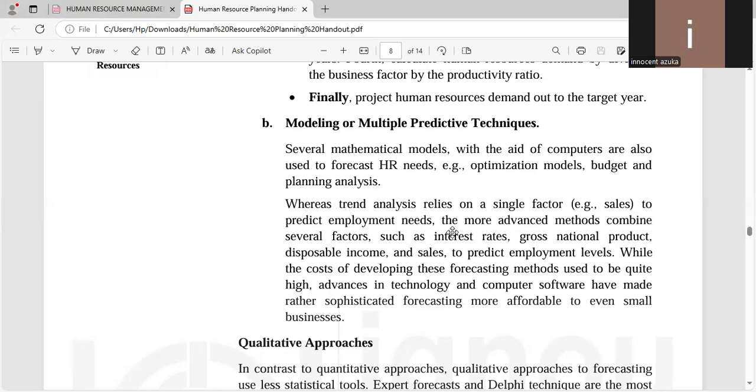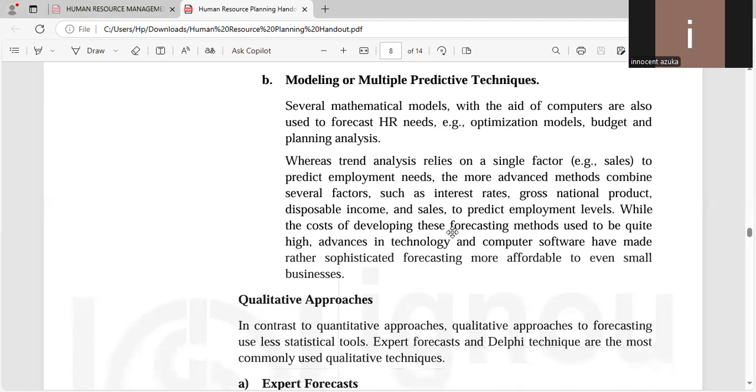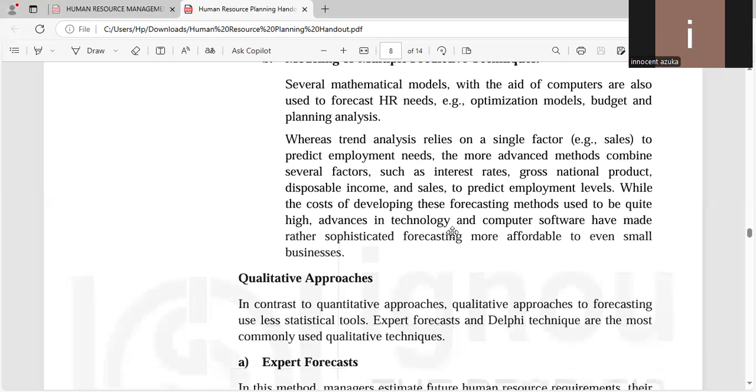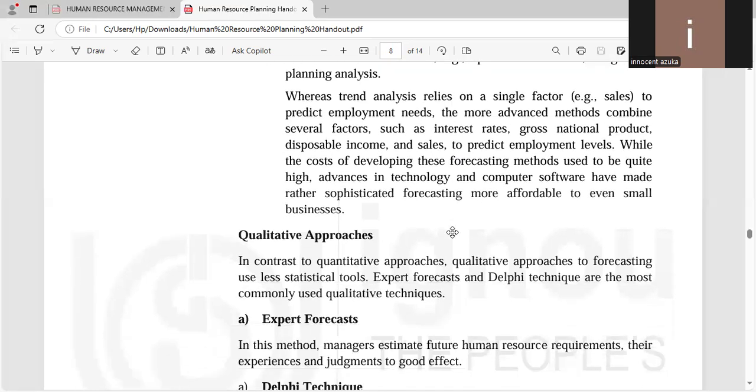While the cost of developing these forecast methods used to be quite high, advances in technology and computer software have made rather sophisticated forecasts more affordable even to small businesses.